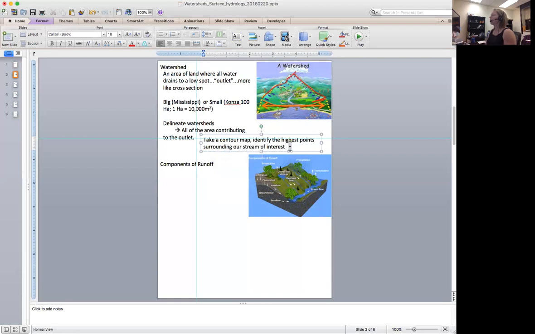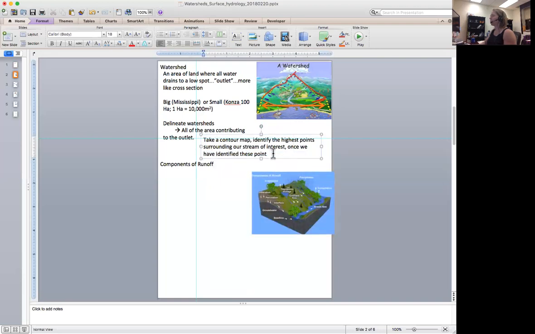Once we've identified these points, we connect them, and that gives us our watershed boundary.